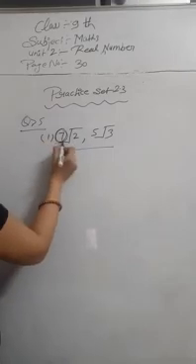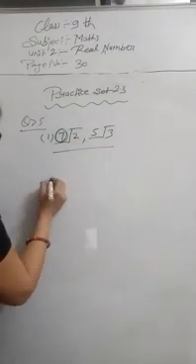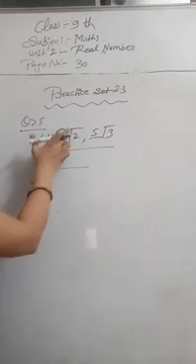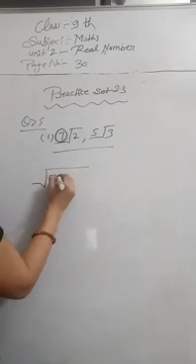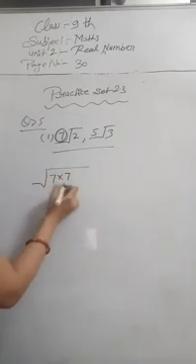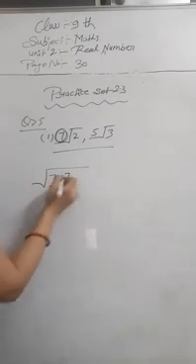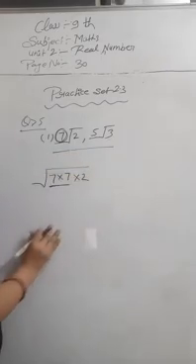We have to put this 7 and this 5 inside the root. If 7 is outside of the root, it means 7 into 7, because only if there is a pair will it come outside. So we will write here 7 multiply 7 and 2.